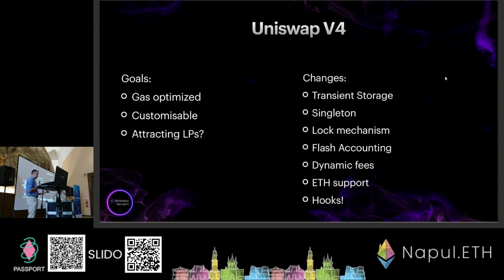Because now v4 can also be a v2. And I'll show you an example in a sec. And there are some changes. I'm going to cover them on future slides, but one of them is the big one: the transient storage, which came with Dencun, that allows you to really decrease the gas cost of some operations, like semi-storage operations, let's say.